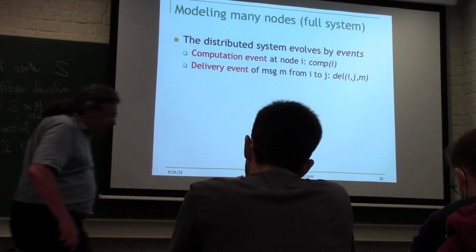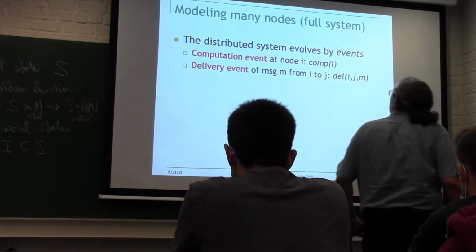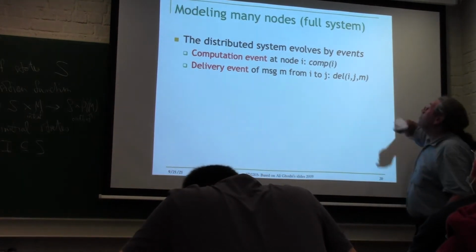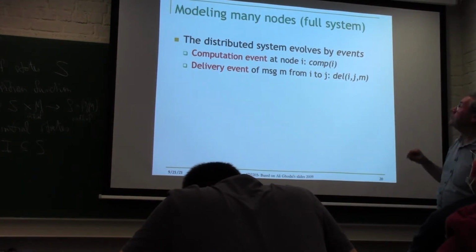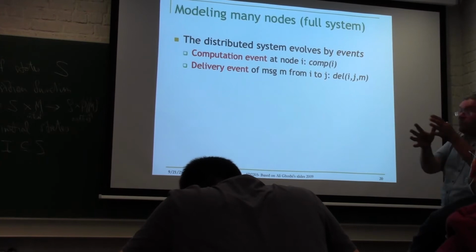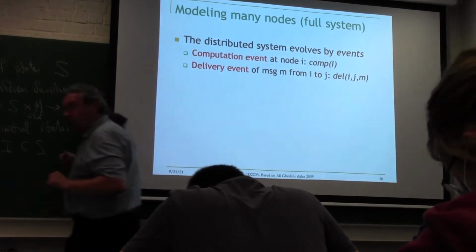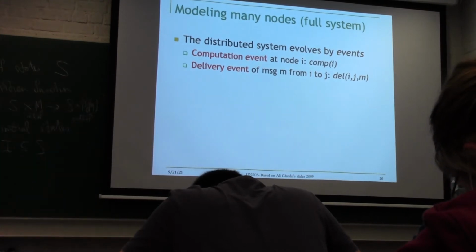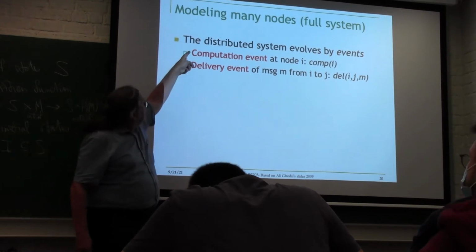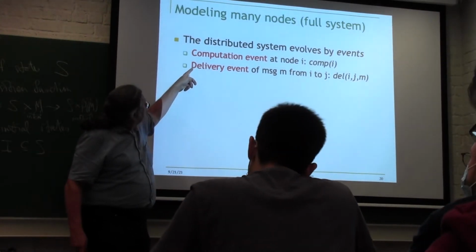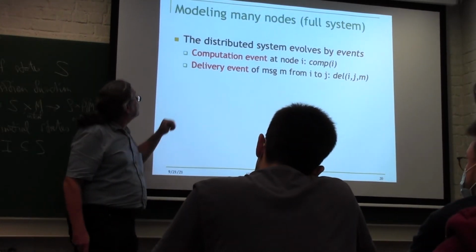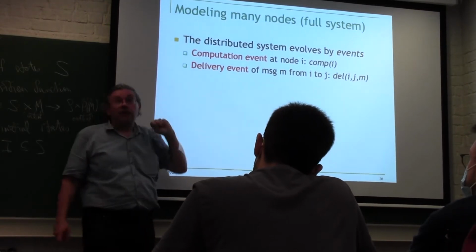We make it execute by what we call events. An event is something that makes you go from one configuration to the next. There are 2 kinds of events: a computation event, and the magic transmission, which is called a delivery event.